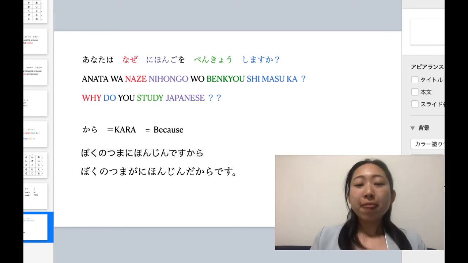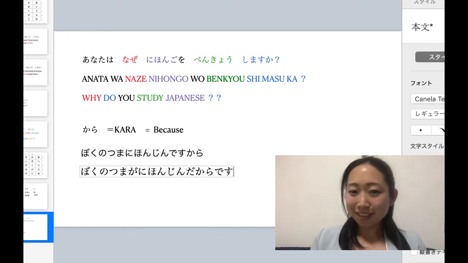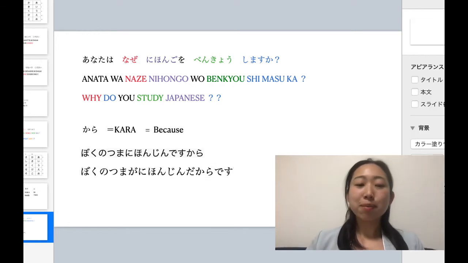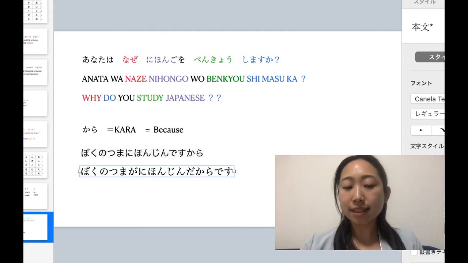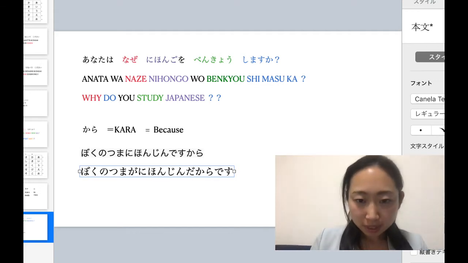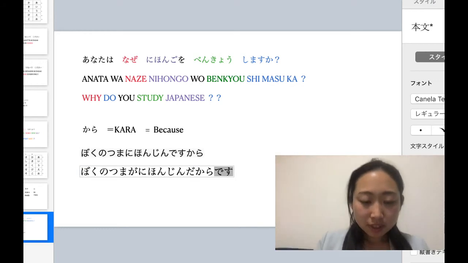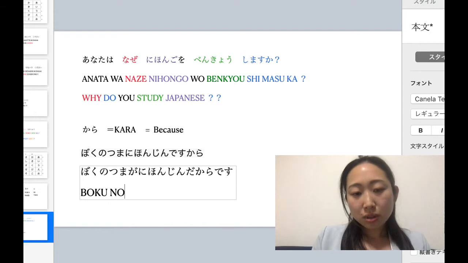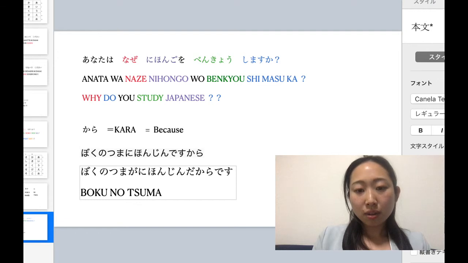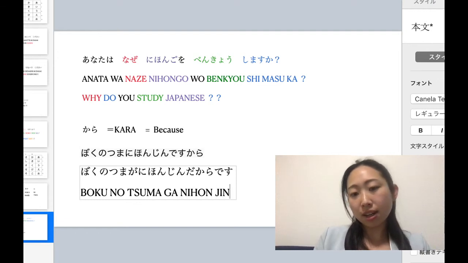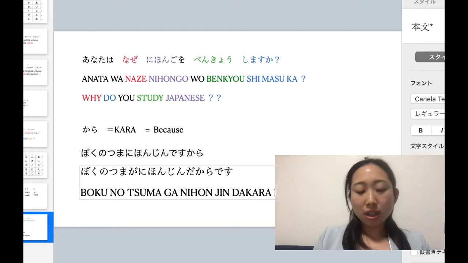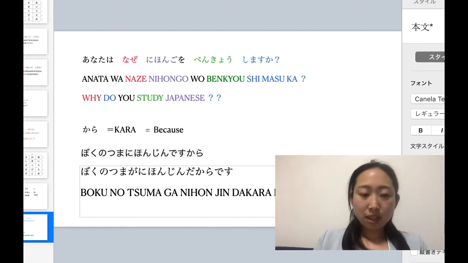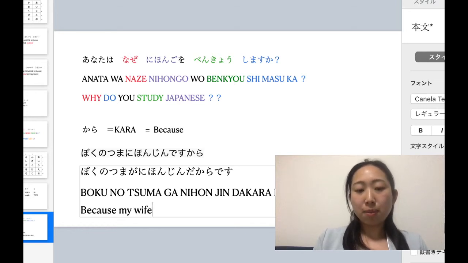So this is actually not the very specific reason, but if you want to tell this, 僕の妻が日本人だからです. It would be nice. Let me check. 僕の妻が日本人だからです. Okay, and this means because my wife is Japanese.